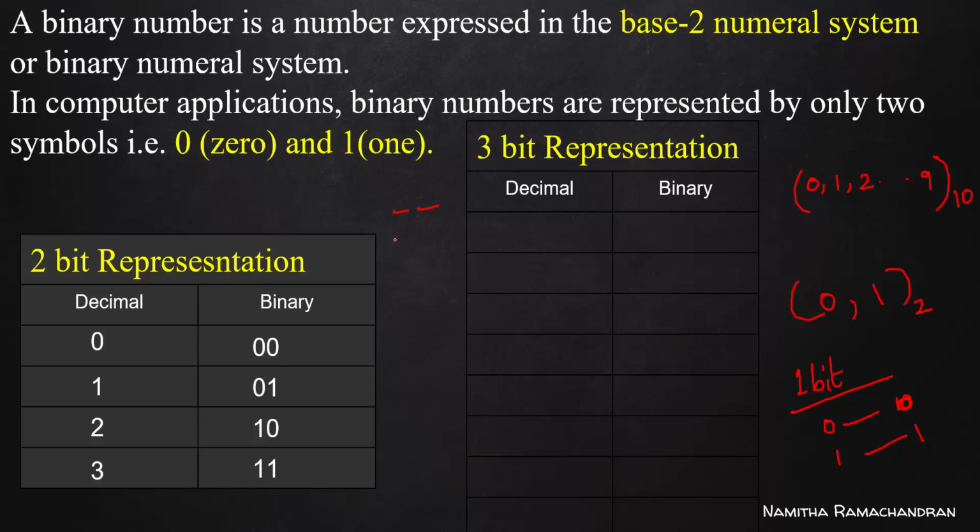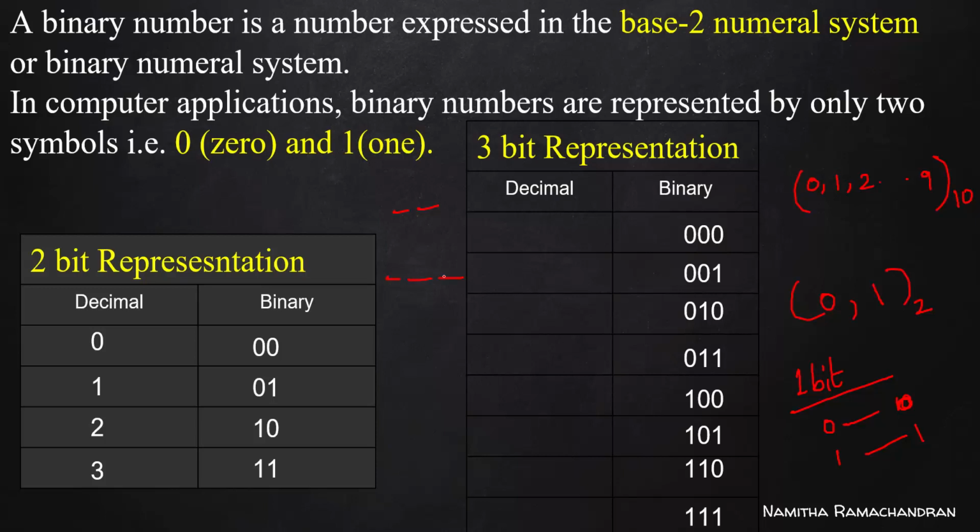Suppose you are allowed to use 3 bits at a time. Then how many different binary patterns can you generate? Using these 3 bits, we can generate 8 different binary patterns.